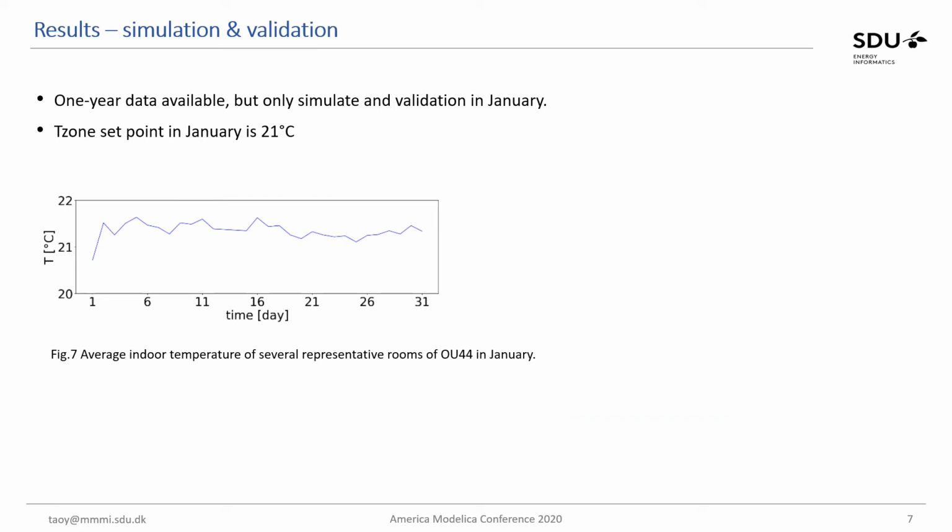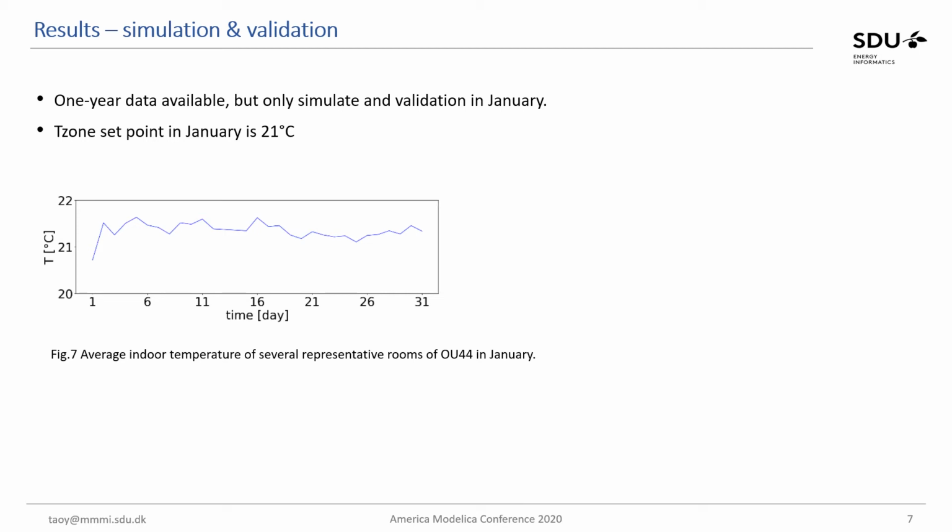Now we'll talk about the simulation and the validation. So BOBTEST requires 1 year data to be supplied in the simulation and optimization. Here we only simulate and validate in January.